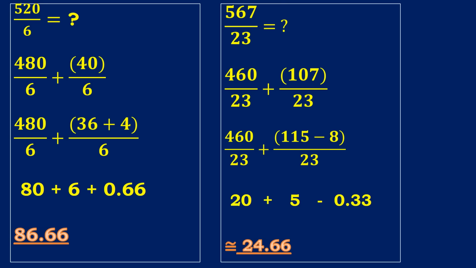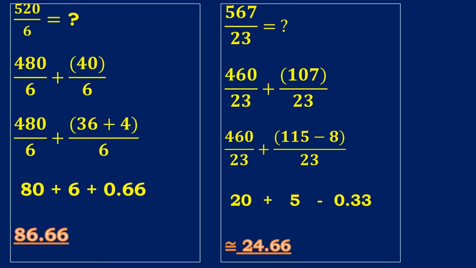So, this can be taken as 480 by 6, plus 40 by 6. 480 divided by 6 is 80. Since 40 is not divisible by 6, we try to break it into two parts and can be taken as 36 plus 4. Because 36 is divisible by 6.